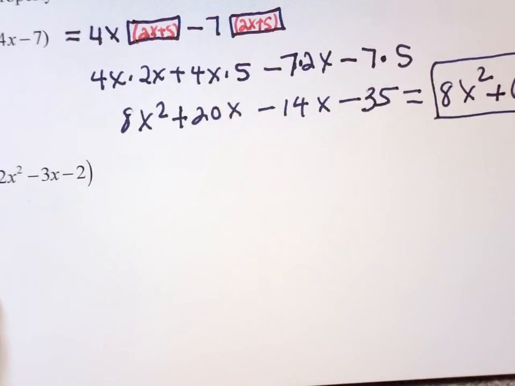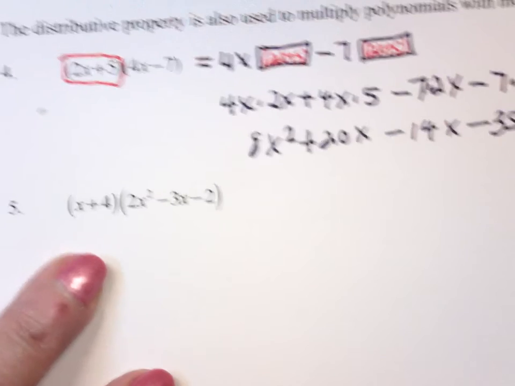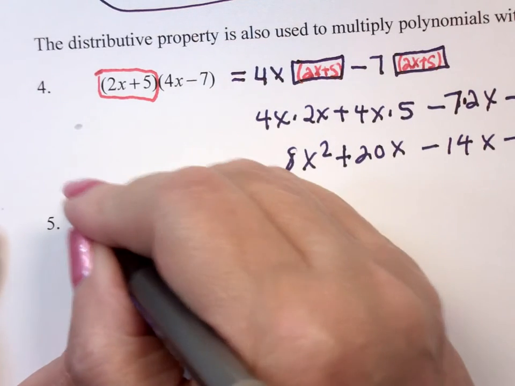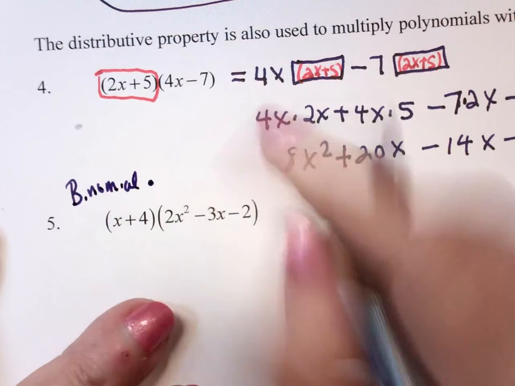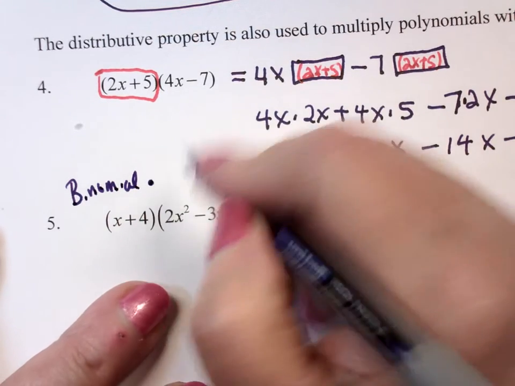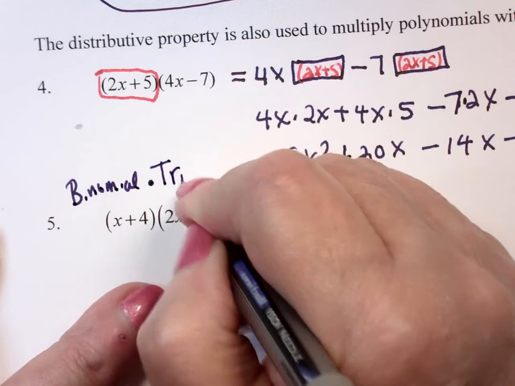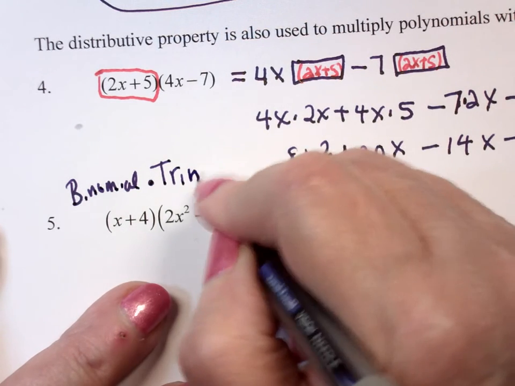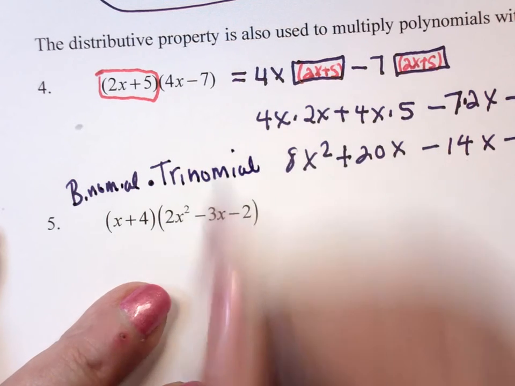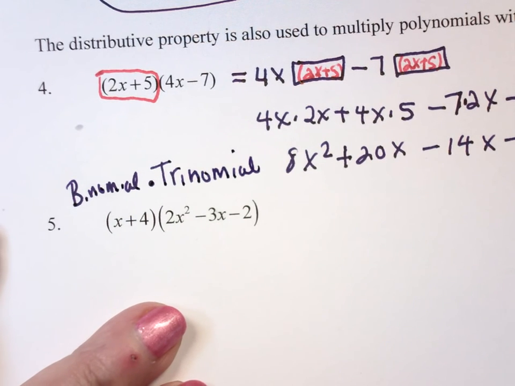This is a binomial. So I have a binomial times, this is 3 terms. 3 terms means tri, because a tricycle has 3 wheels. So it's a binomial times a trinomial.